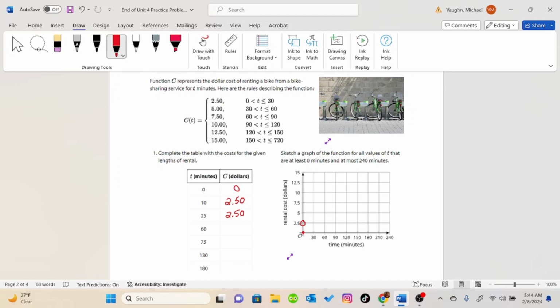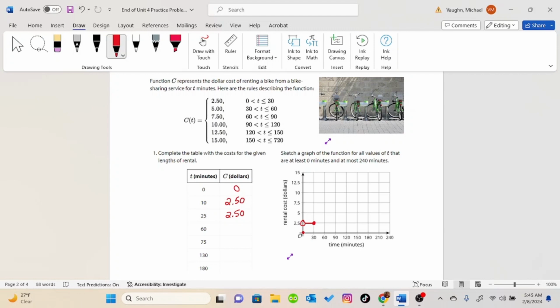Then it's less than or equal to 30, so 30 is included. We would put a solid point at $2.50 and draw the line connecting them.